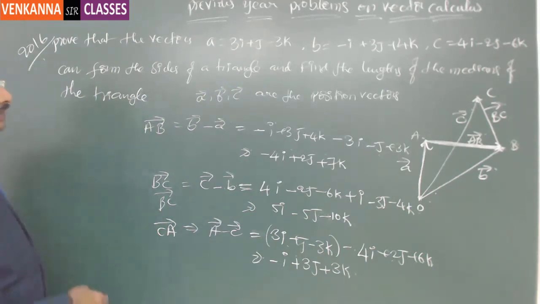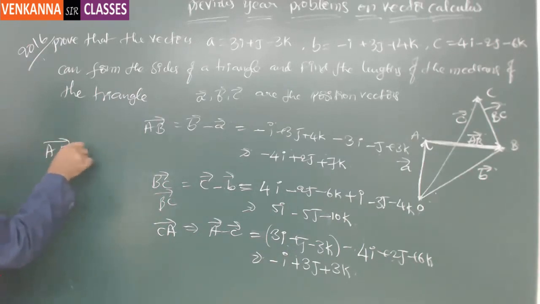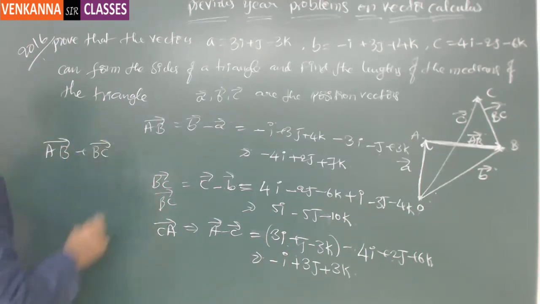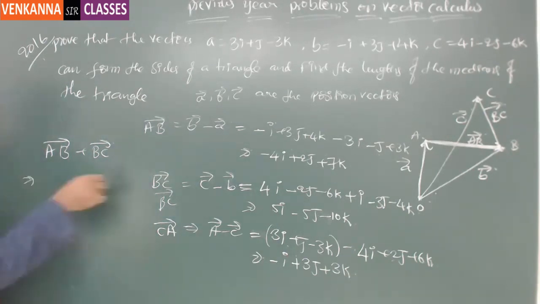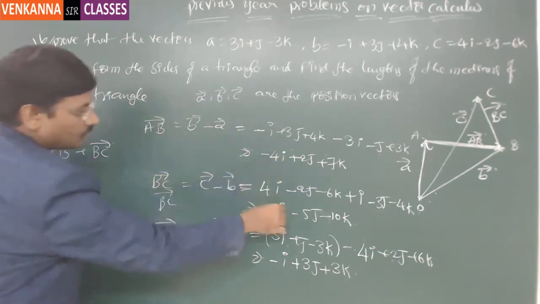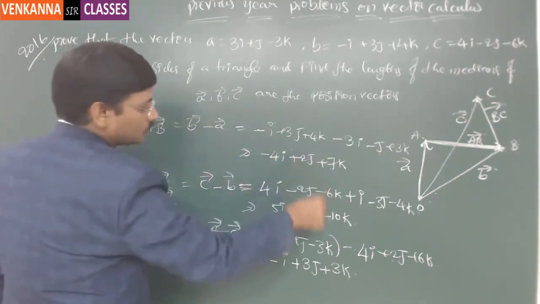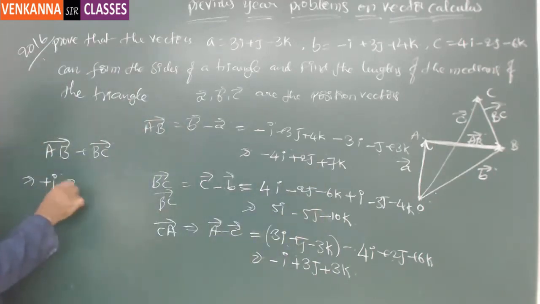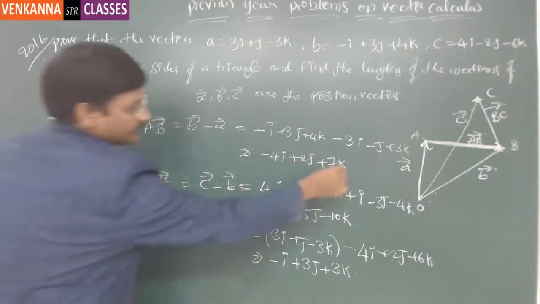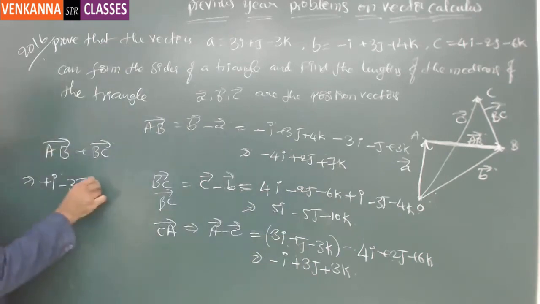Now if you add these two vectors, AB plus BC, the resultant we are going to get is: minus 4 plus 5, that is plus i, plus 2 minus 5, that is minus 3j, plus 7 minus 10, that is minus 3k.